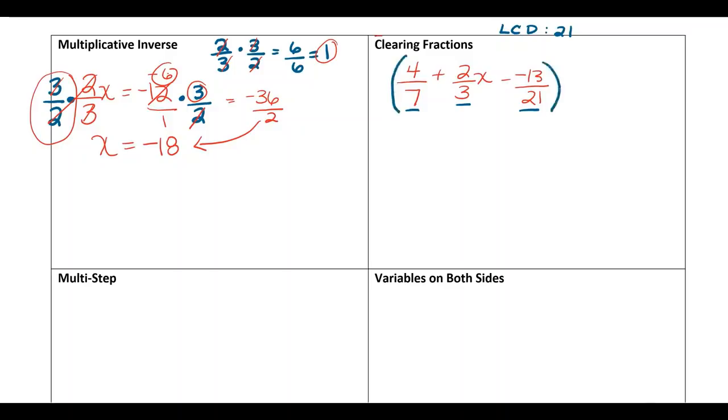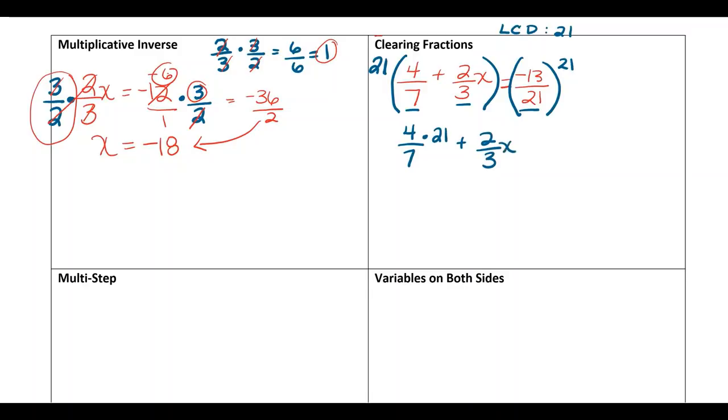And you can take both sides, and remember this was an equal sign right there. You can take both sides and multiply this side by 21, and you would multiply this side by 21. So we are doing the multiplication property of equality. We're multiplying both sides. So basically what that means is that every piece gets times 21.